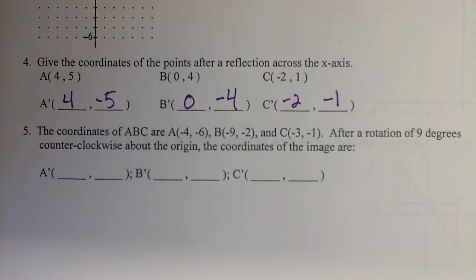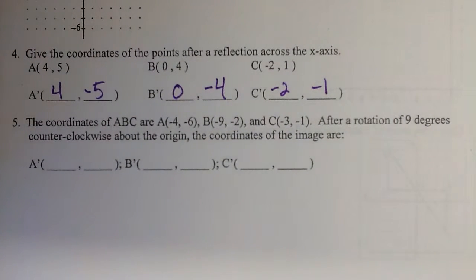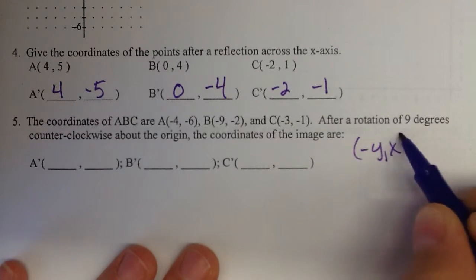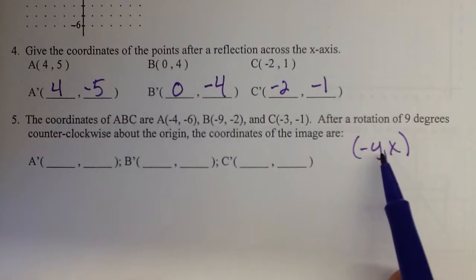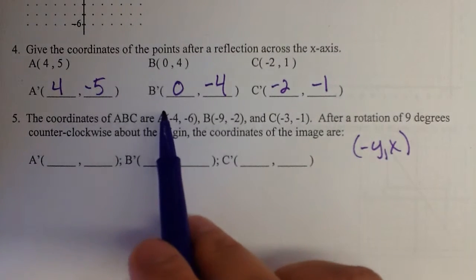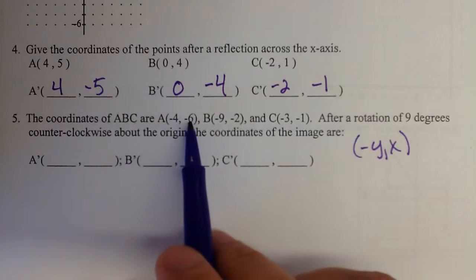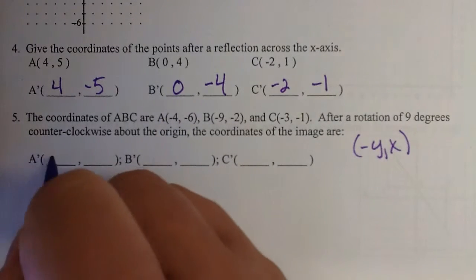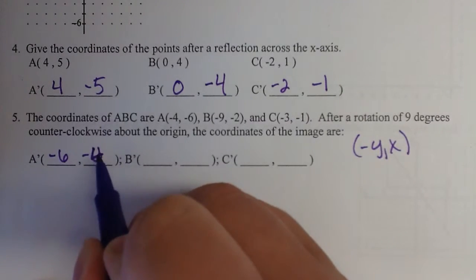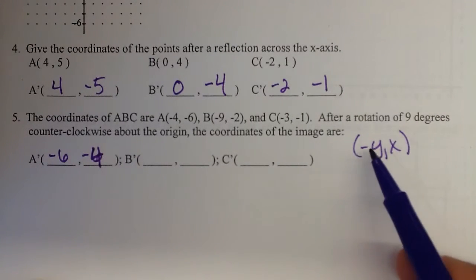Okay? On number 5, the rule for a 90-degree rotation is (negative y, x). So you're changing their positions, and then you're changing the sign of the y. So A was at negative 4, negative 6, so I'm going to change their positions, so negative 6, negative 4. And then we have to change the sign of the y.